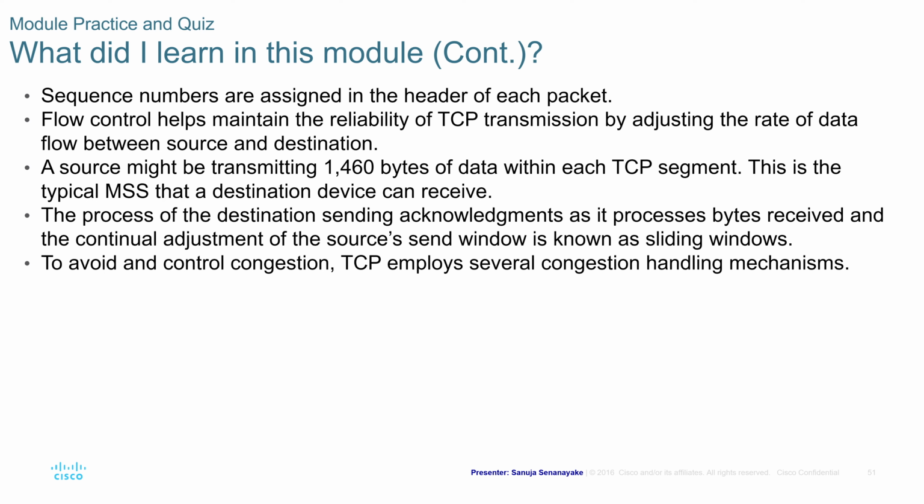The process of the destination sending acknowledgements as it processes bytes received, and the continual adjustment of the source send window, is known as sliding windows. Unfortunately, I didn't cover sliding windows clearly in this lecture, but I will go through them later. To avoid and control congestion, TCP employs several congestion handling mechanisms.